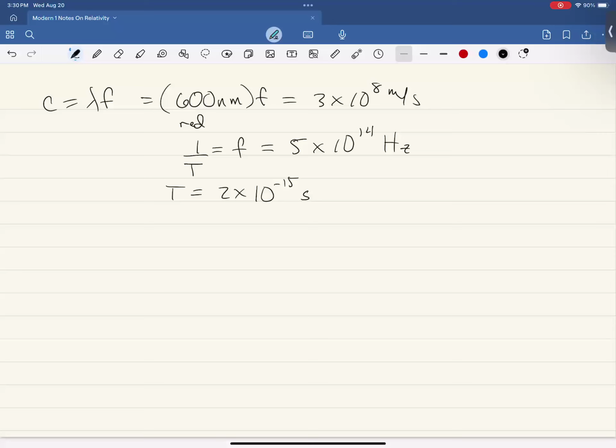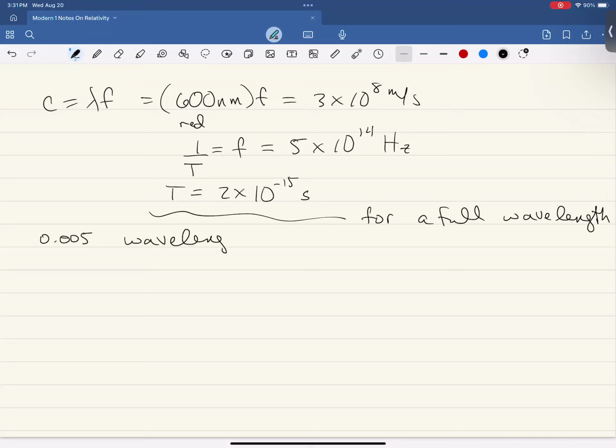So if you compare that to what they expected to see, this is the time shift for a full wavelength. Now they could see partial wavelength shifts in there, as much as 0.005 wavelength shifts. So that was possible with their apparatus.